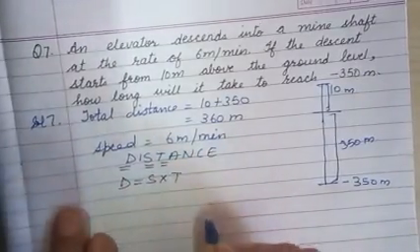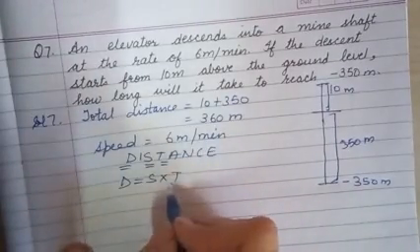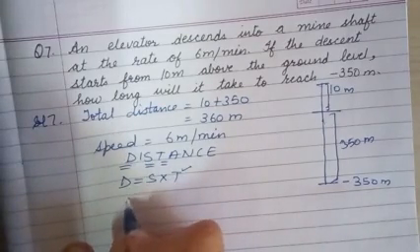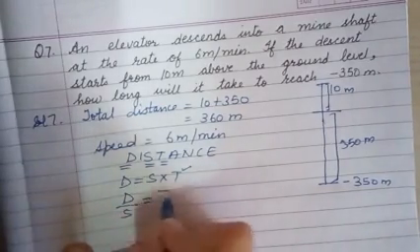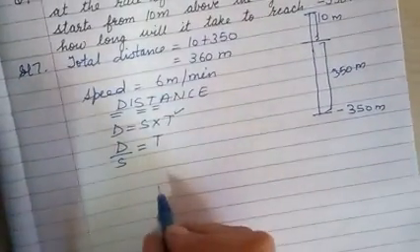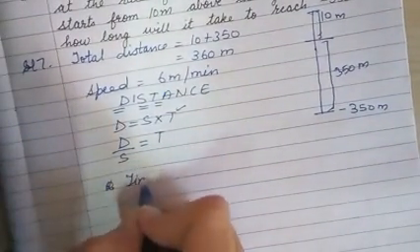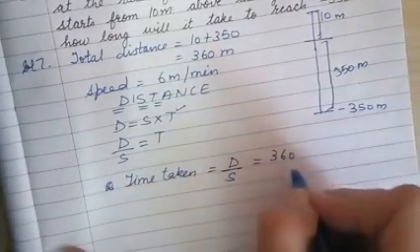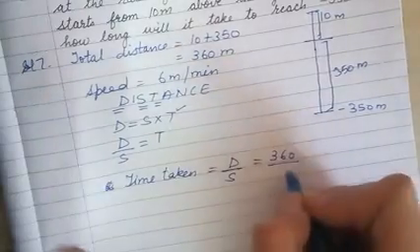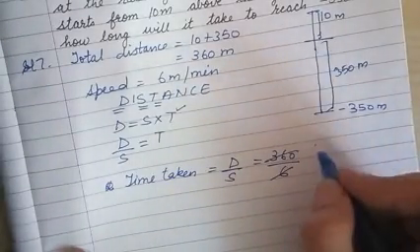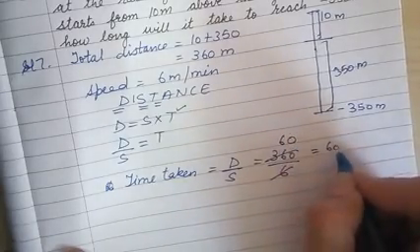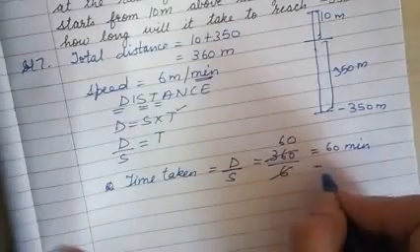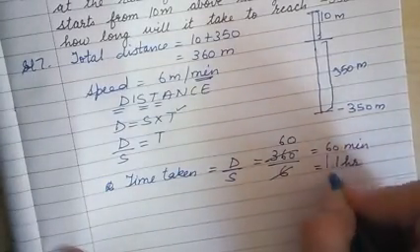Distance is speed into time, and when we do transposition, we want time, so s we will send to the other side of the equation, and it will become divide. So distance upon speed is time. Time taken is equal to distance upon speed, 360 upon 6 meters per minute, and here it is 60 minutes. The time unit is minutes, because here it is given in minutes. So 60 minutes is equal to 1 hour.